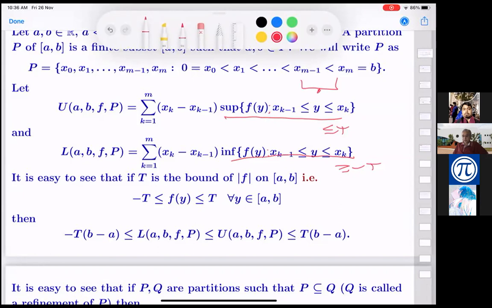Only the last one will now get bifurcated into two. If xm minus 1 was 9 and xm is 10, now we have added a point between them somewhere. So the first m minus 1 sums, k equal to 1 to m minus 1, for P and for Q will be the same. The last one, xk minus 1 to xk, or xm minus 1 to xm, will get split into two parts.